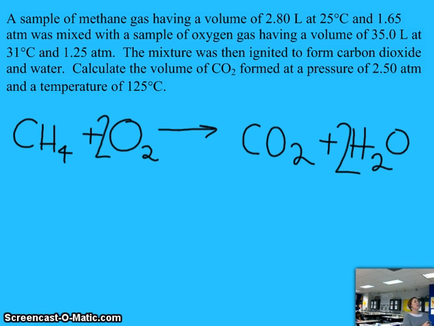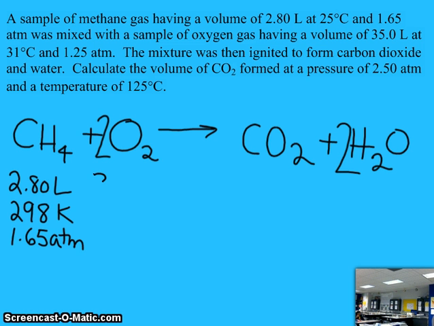We have methane gas, which is at 2.80 liters. It's at 298 Kelvin and 1.65 atmospheres. We have oxygen gas, which is at 35 liters. So what is that, 304?